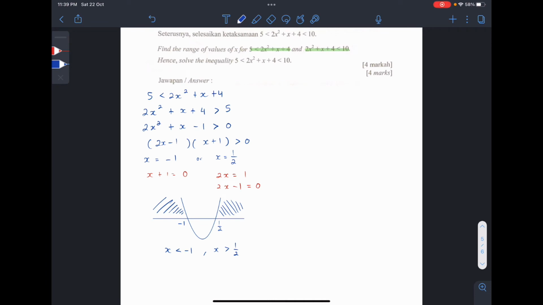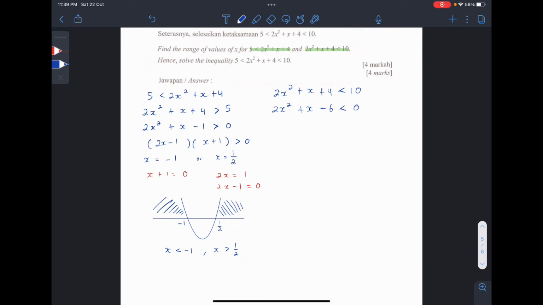We have to do it for the second one as well. So, next one. 2x squared plus x plus 4 less than 10. We are going to move the 10 to the left side. So 2x squared plus x, 4 minus 10 is negative 6, less than 0.